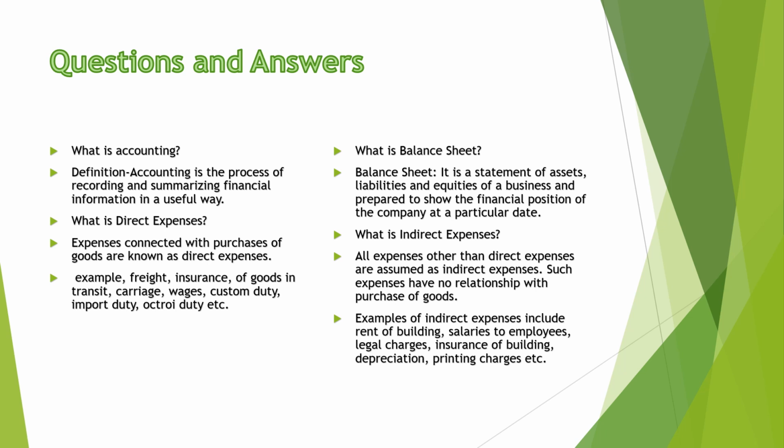It is the statement of assets and liabilities prepared at the end to show the financial position of the business. What are indirect expenses? All the expenses debited in the profit and loss account are known as indirect expenses. In other words, we can say they are not involved directly in producing the goods and services.